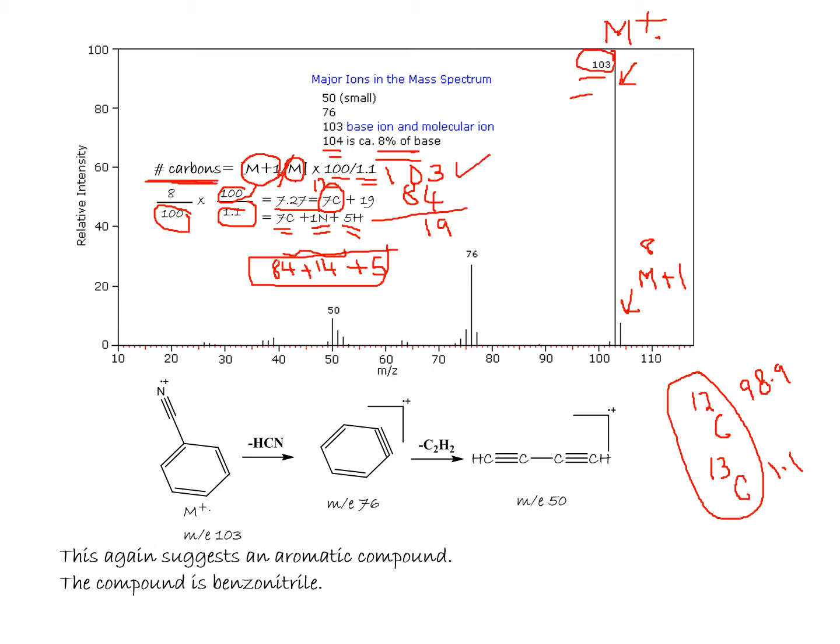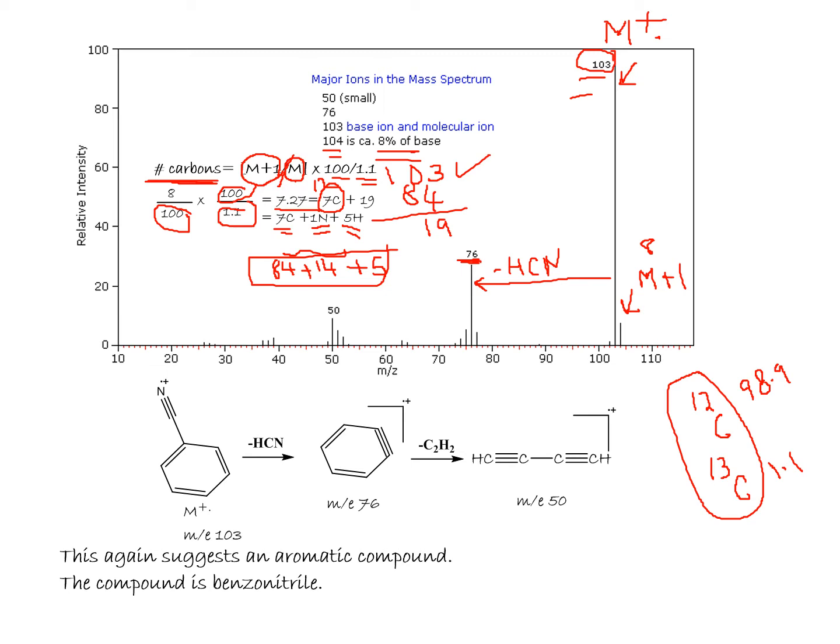Now from 103, the next peak, the daughter peak, is 76, which means elimination of HCN. Now we are a little bit happy with what we established.